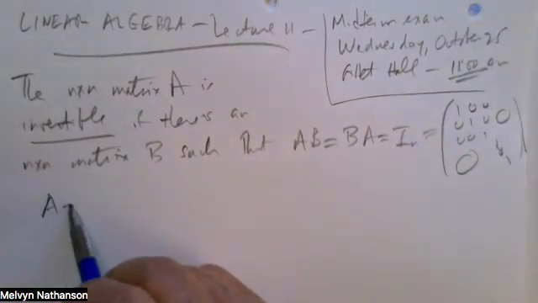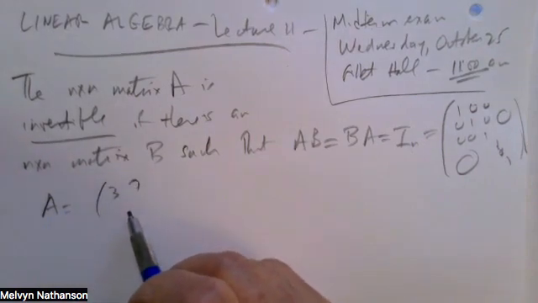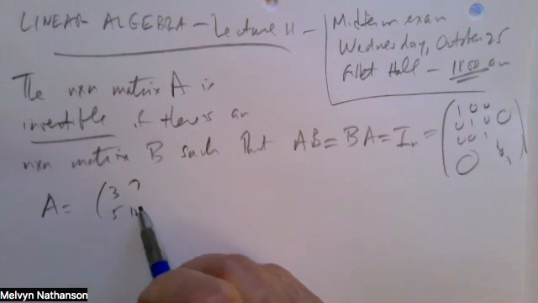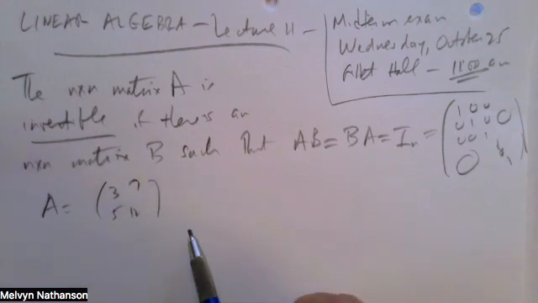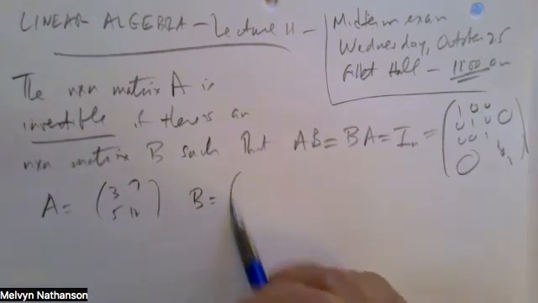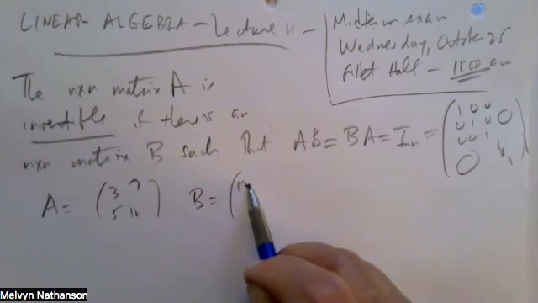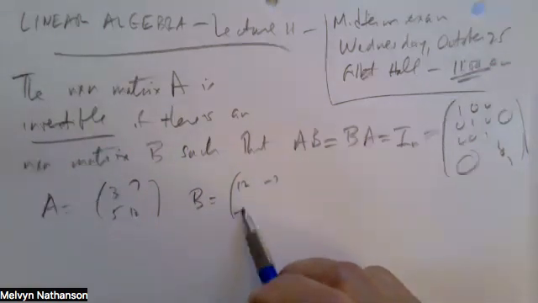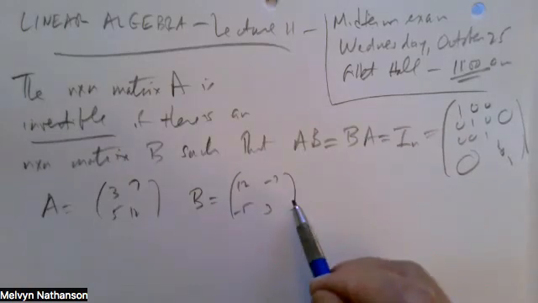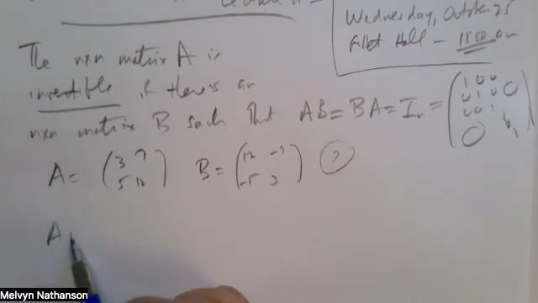So, for example, if the matrix A is 3, 7, 5, 12, I claim that the matrix B, the inverse, is 12, minus 7, minus 5, 3. Is that correct? Let's see.